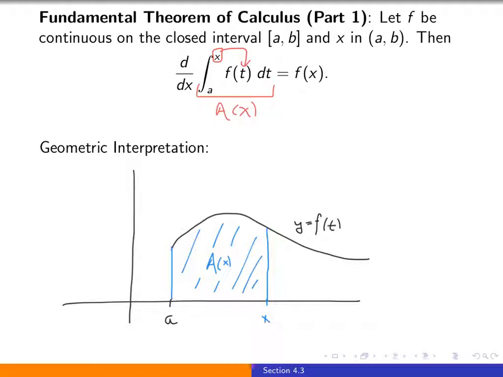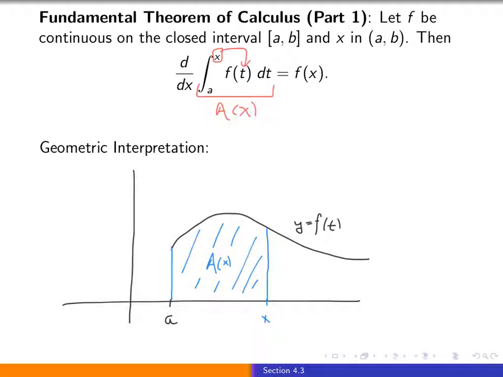Now, just to give you an idea, what's the geometric interpretation of this? A of x, the thing that we are differentiating, is this enclosed area. And we would like to know the derivative of it, which is a fancy way of saying what's the rate of change. That is, as we change x a little bit, how does that affect the accumulated area?